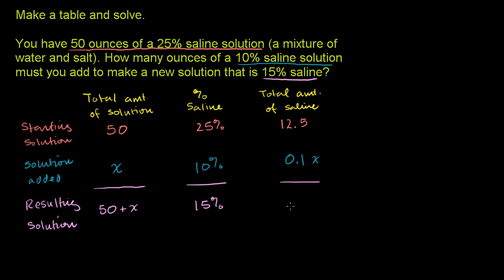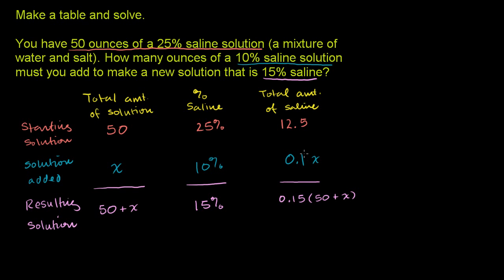There's two ways to get to the total amount of saline in the solution. One, we could just multiply the percent saline times the total volume. So it's 0.15 times 50 plus x. All I did was multiply the percent saline times my total volume. That's one way to get the total amount of saline. The other way is to add these two numbers. The 50-ounce solution had 12.5 ounces of saline. We added 0.1x ounces of saline.